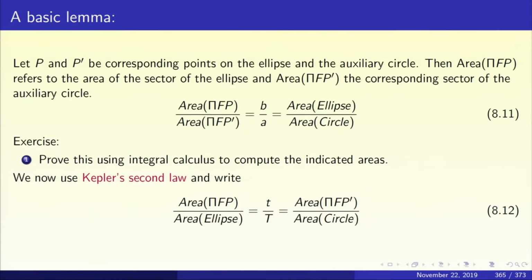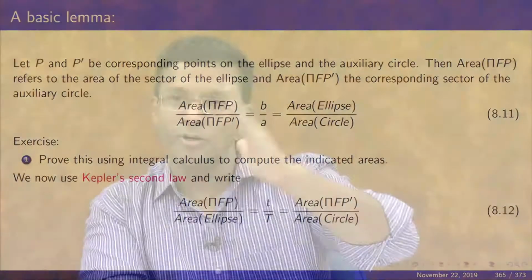Now let us use Kepler's second law of motion. Kepler's second law of planetary motion says that the radius vector sweeps out equal areas in equal intervals of time. So the area swept out by the radius vector joining the sun and the planet bears the same ratio to the time, the epoch, through which the planet has traversed.